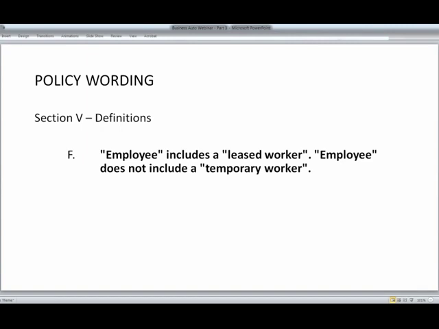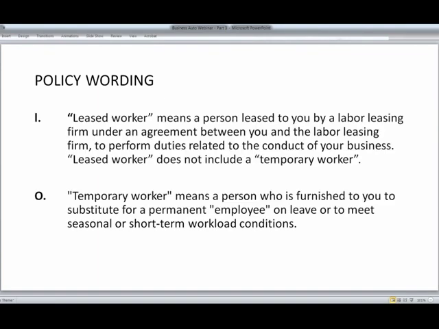So I get questions a lot of times about whether there is additional exposure if your insured is using professional employer organizations. And the answer to that question is no, because injuries to workers who are leased from an employee leasing organization, which is a lease worker, would not be covered under the auto liability or the general liability policies that we issue to our insureds.